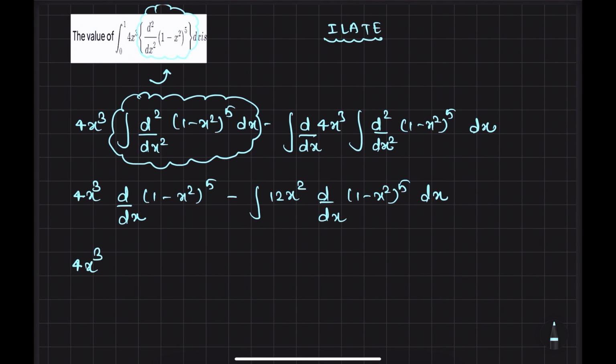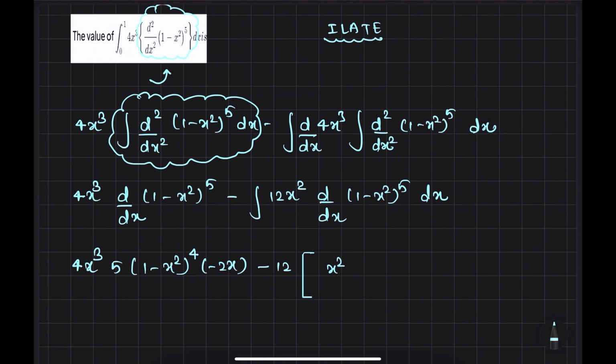So 4x cube, we have 5, 1 minus x square power 4, and then minus of 2x. Now if you break this thing, it will become a bit complicated because it will take power 4, and we don't want to apply a minus b power 4. So rather, what you should do is take 12 common and then apply the uv method again.